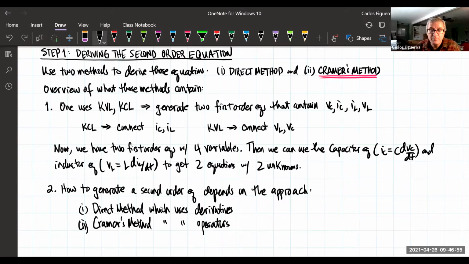And these operators all use the same symbol as Laplace. I'll use S, but that's a fairly standard thing here.